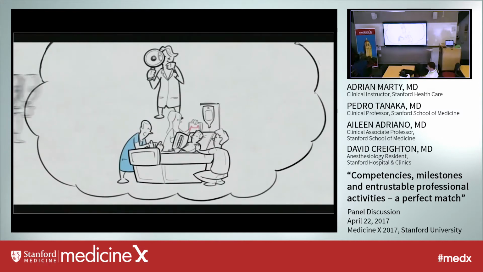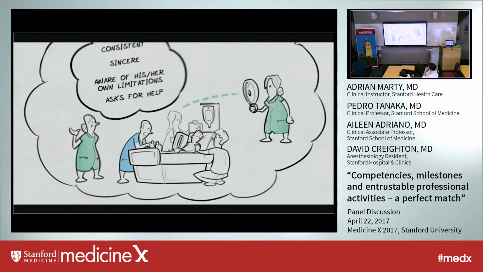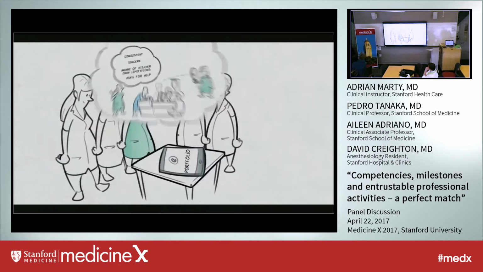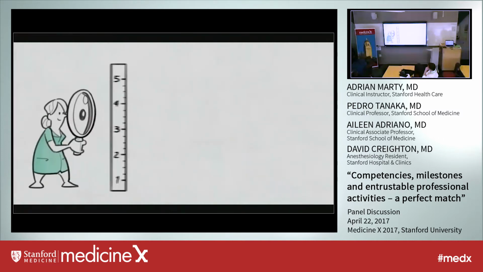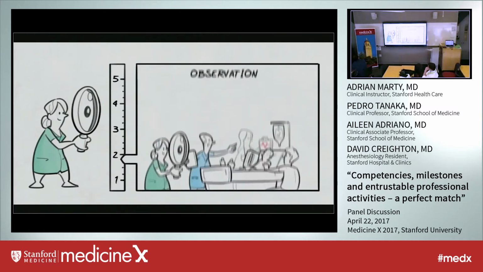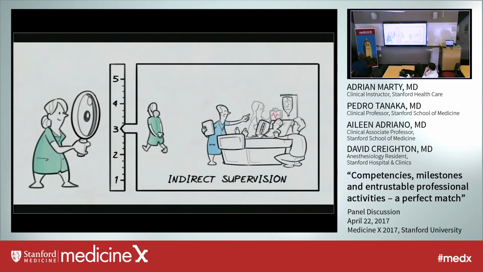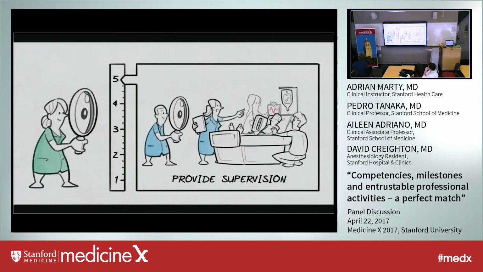Each of the members has observed the resident from various perspectives. They include the day-to-day experience with the resident in the clinical workplace and the accompanying gut feeling. Based on the confidence that they have in the resident, the Clinical Competence Committee decides how much supervision is required. We call this the level of supervision. From observation to performing tasks independently with direct or indirect supervision, to supervision at a distance, and providing supervision themselves.